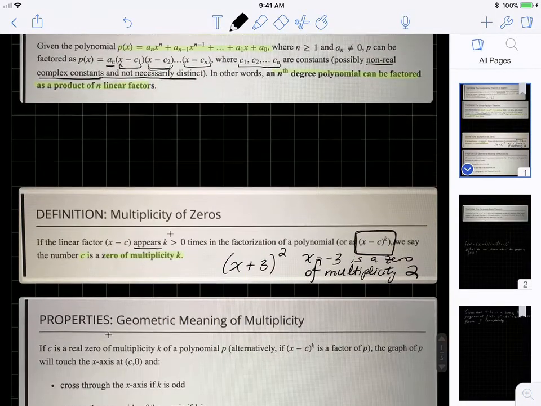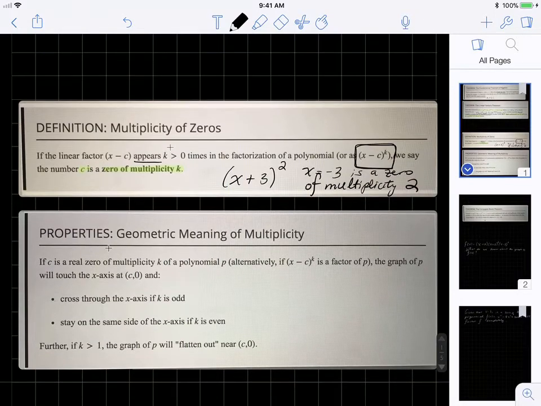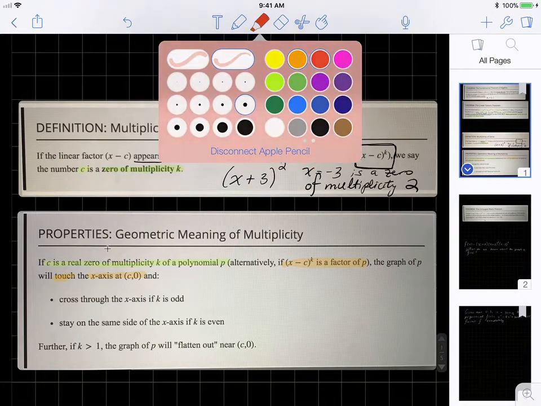Now this has an impact on the graph of the polynomial. So what does that mean? If c is a real zero of multiplicity k of polynomial p, or another way to state that equivalently is x minus c to the k is a factor of p, then the graph of p will touch the x-axis at c, and it will cross the x-axis if k is odd.